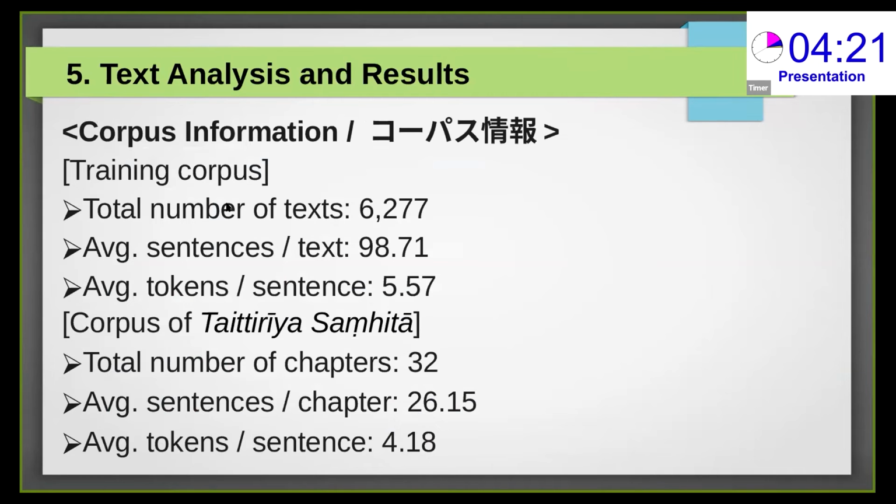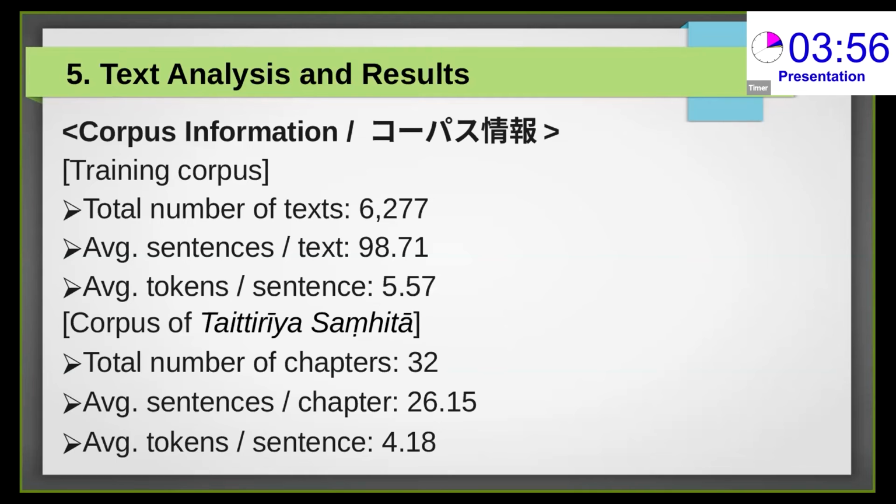And this is the corpus information. In the training corpus, there are more than 6,000 texts, the average number of sentences in a text is about 100, and the average number of tokens in a sentence is 5.57.